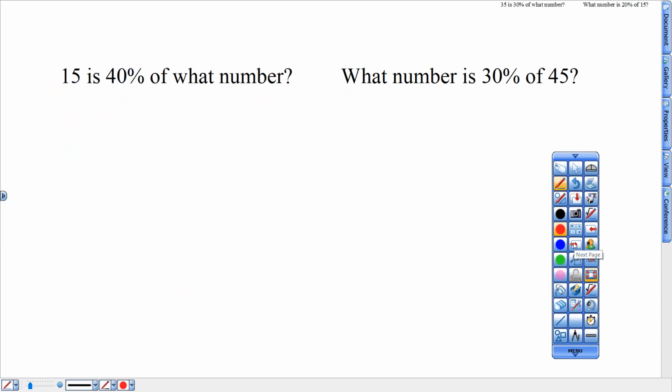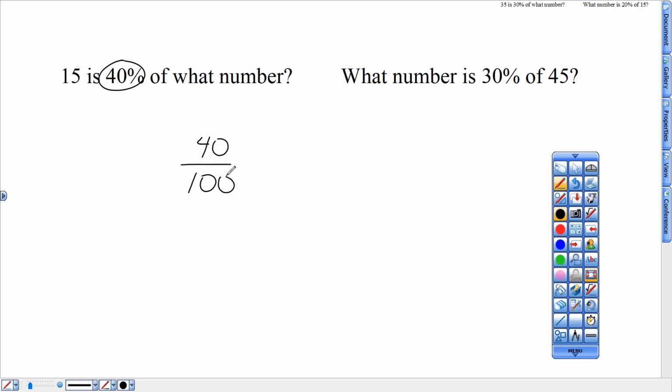All right, when you're doing these, sometimes you do have a problem. There's no neat number. That means you're forced to use algebra. So here we go. Same problems with percents. So I have 40%. I put that over 100 automatically.